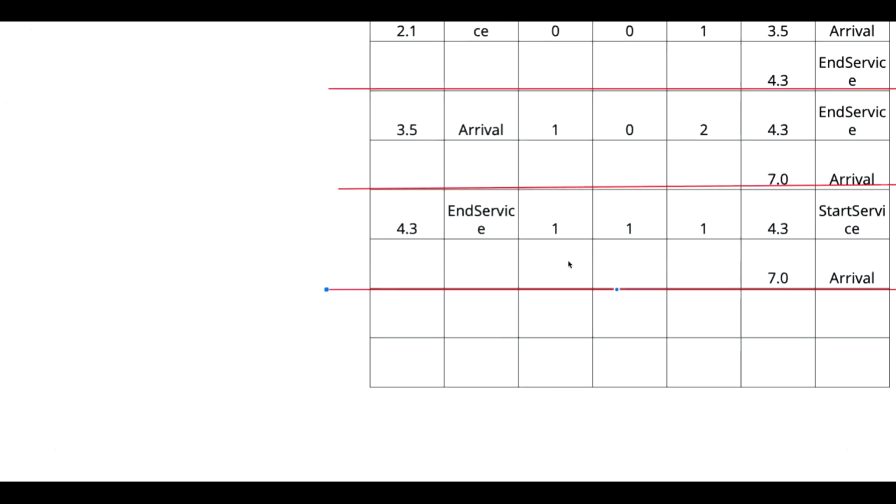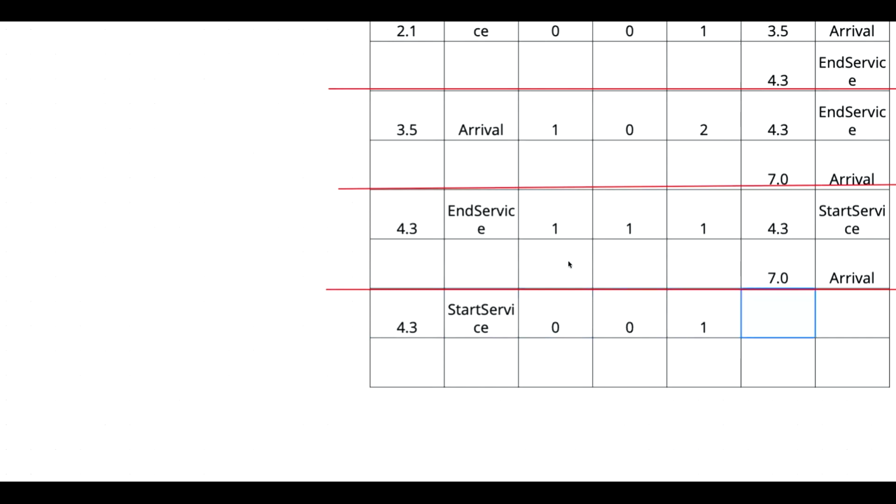And then, okay, we have 4.3. We have a start service. What does it do? It decreases Q by 1, it decreases S by 1, and L is still 1.